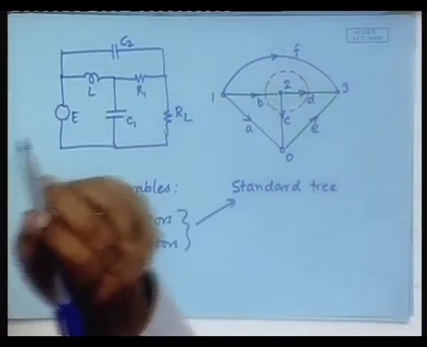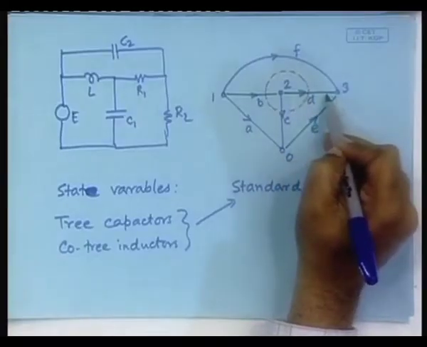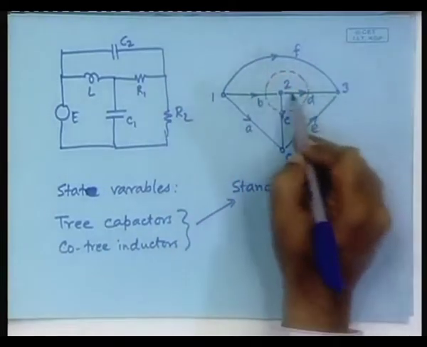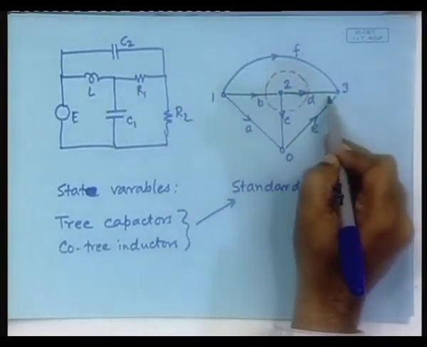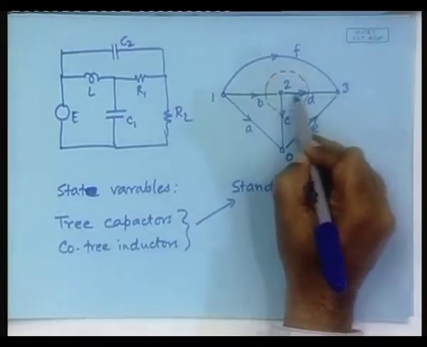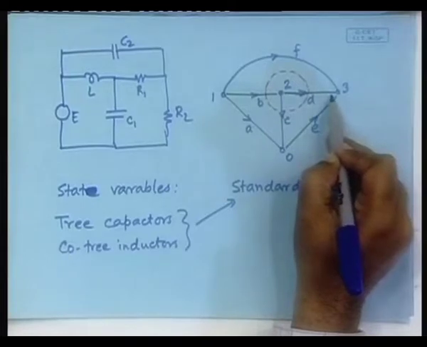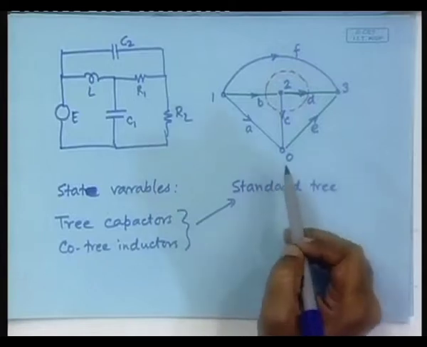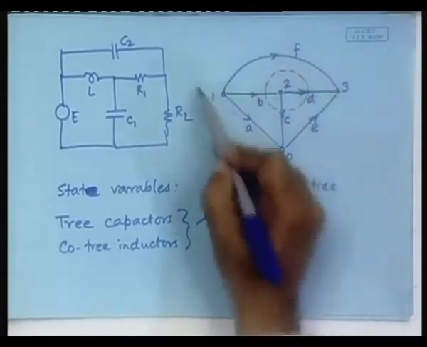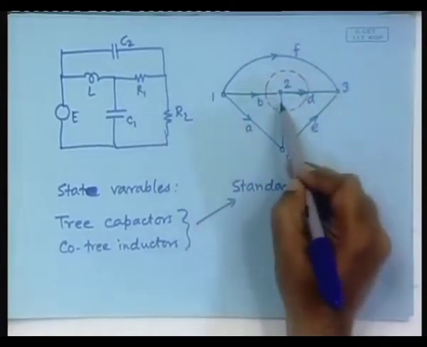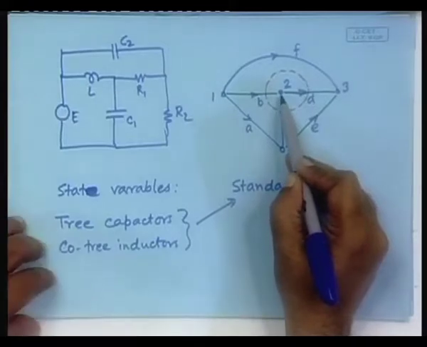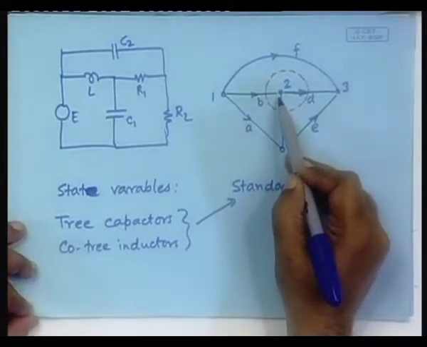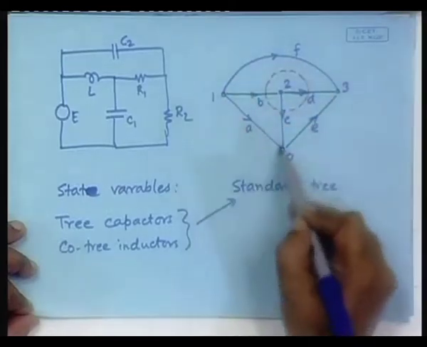Cut sets yield the currents, and this will be obtained from the basic loop that contains this. So, what is the basic loop that contains this branch? Yes, this. So, write down the KVL equation in this loop.